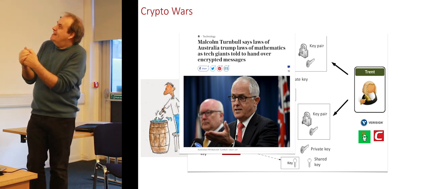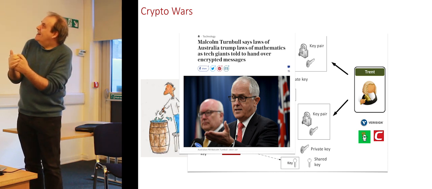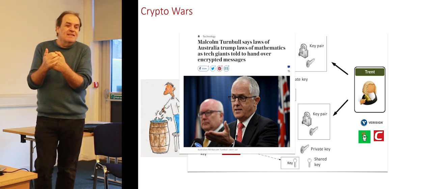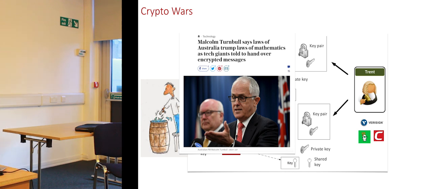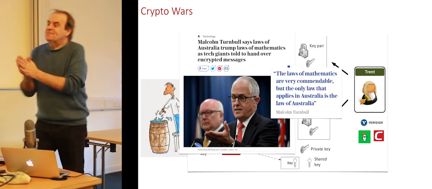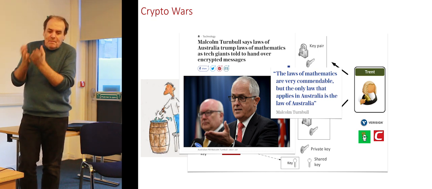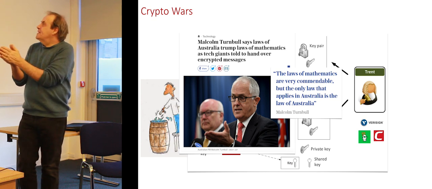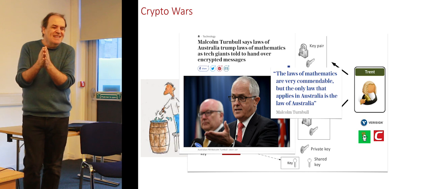So in Australia, it was quoted that the laws of mathematics are good, but the laws of the land of Australia should overrule those mathematical laws that we look at. And you can see how contentious this becomes.